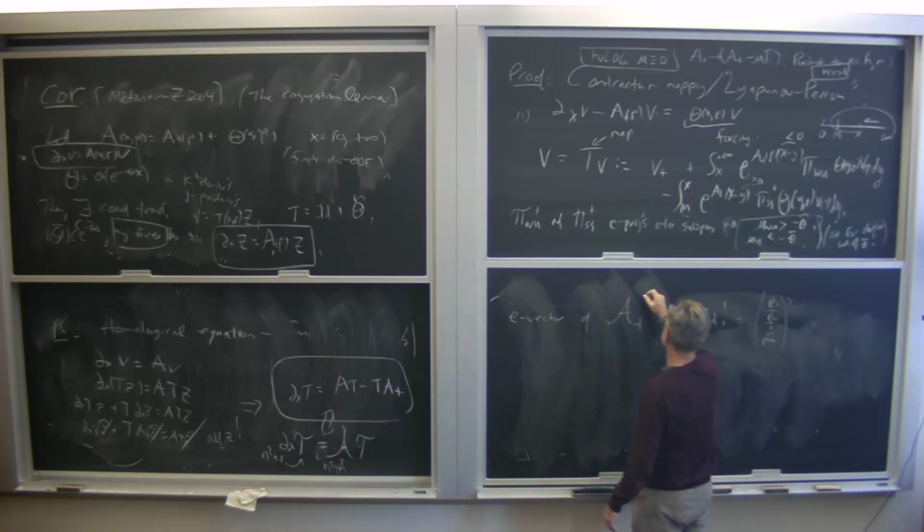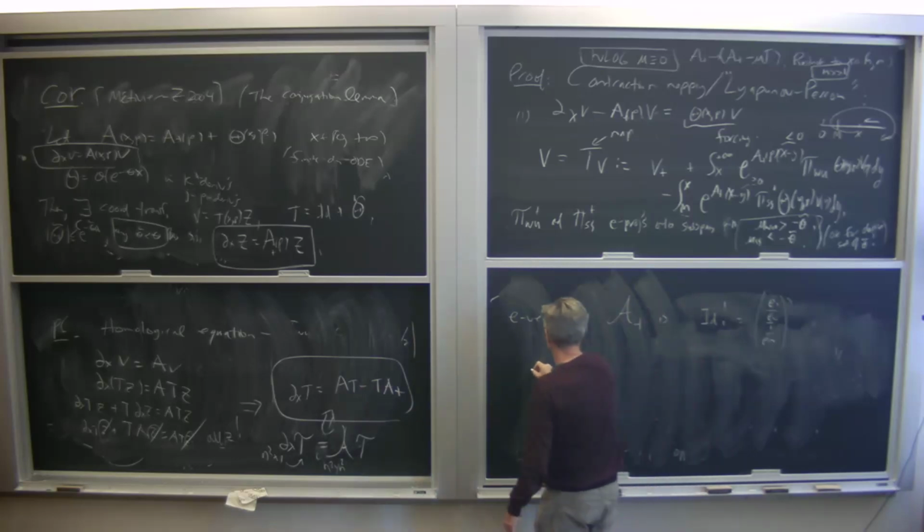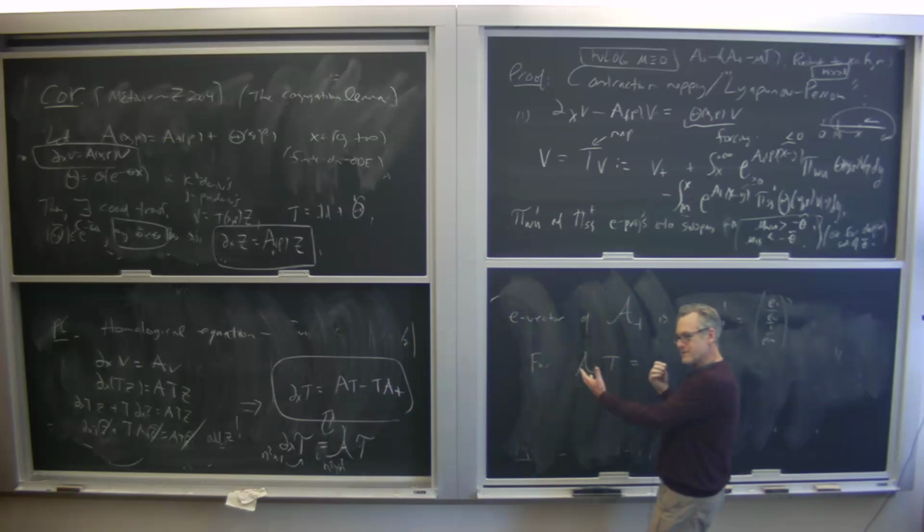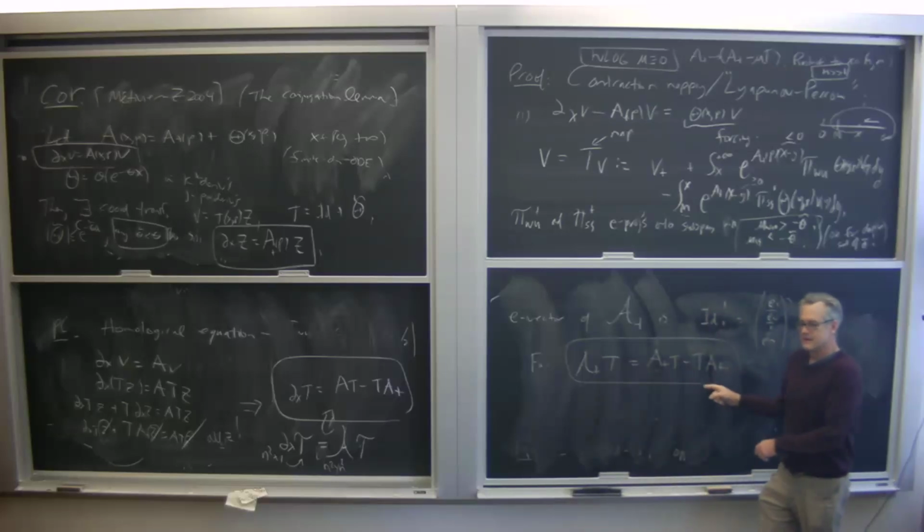What is A plus? A plus applied to a matrix, going back to the other form that we know is still there, is A plus T minus T A plus. So this is the behavior at plus infinity.